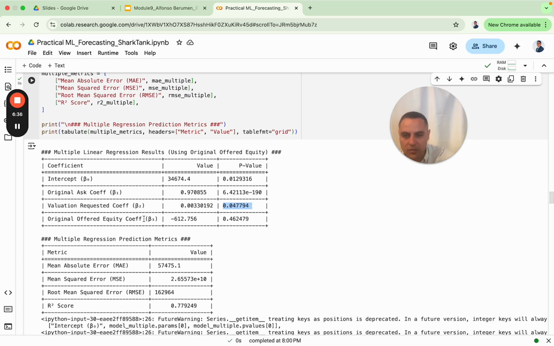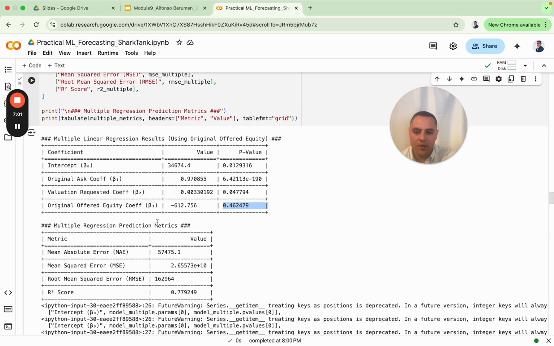But the original offered equity coefficient is negative, but it's not statistically significant, right? So we can't really make any statements around this because we cannot reject that null hypothesis, that there is no relationship between X and Y. In this case, X is the original offered equity amount.